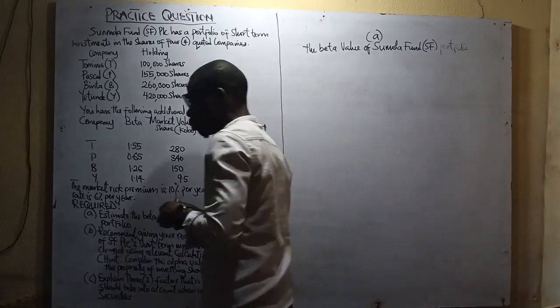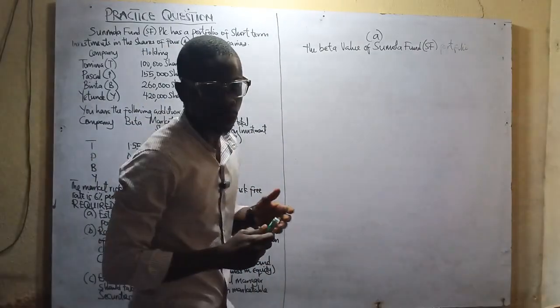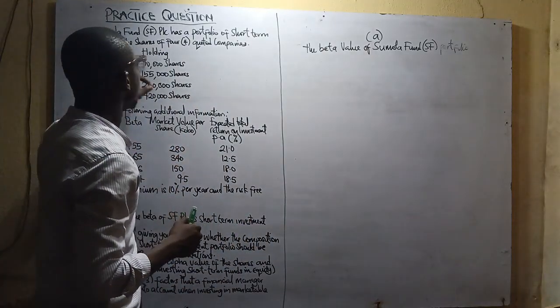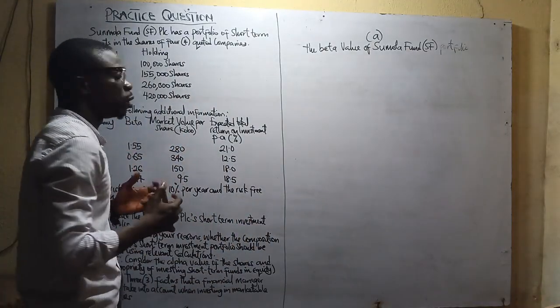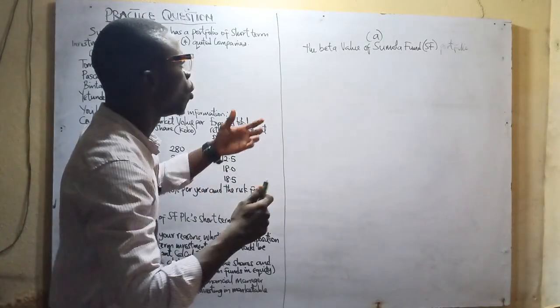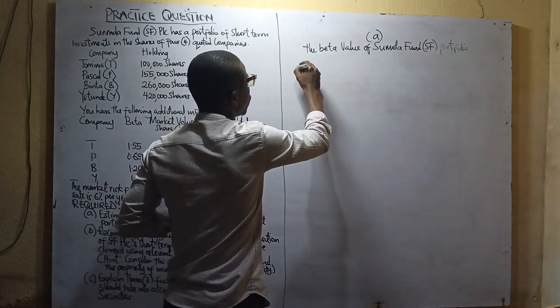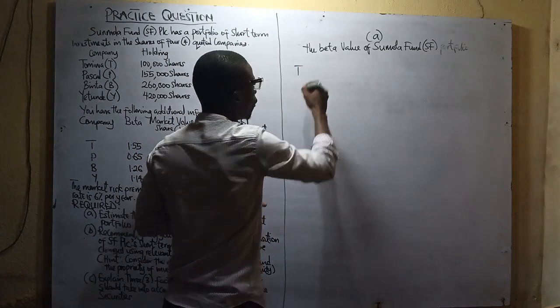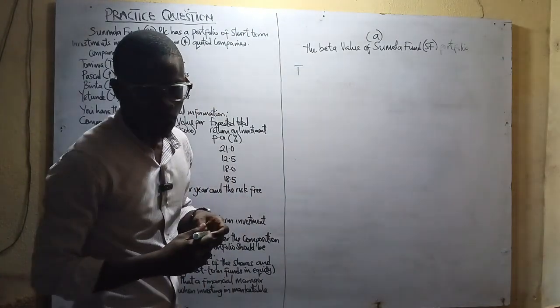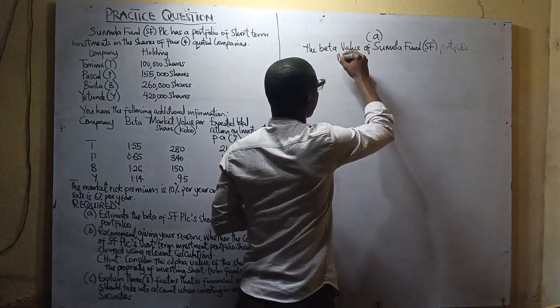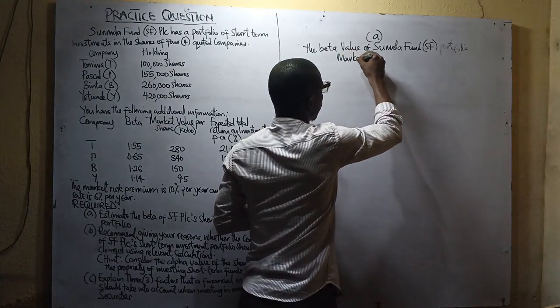So let's calculate now. What is the first thing you have to look at? Don't forget, in this question you are given the market value and the holding, the number of shares they have in each of these companies. So for T, let's calculate the market value now.